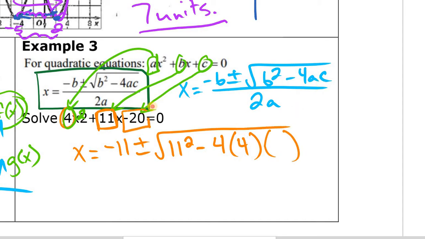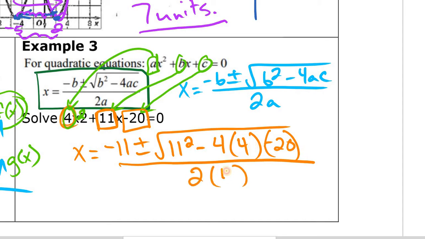The c value is negative 20. It's important not to forget that negative there. All over 2, and our a term is 4 again. So all we did was we took this equation, we plugged in b for where the b goes, a for where the a goes, and c where the c goes.